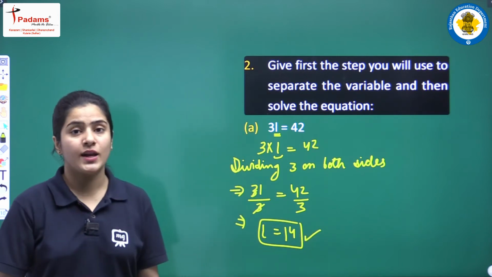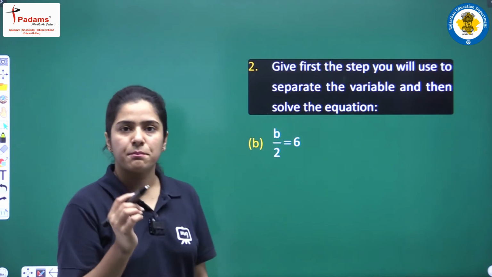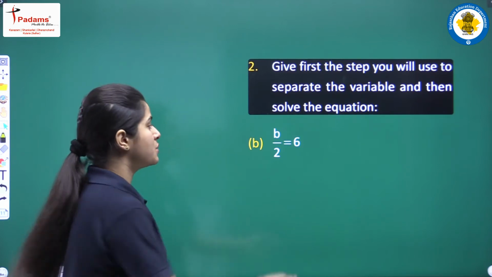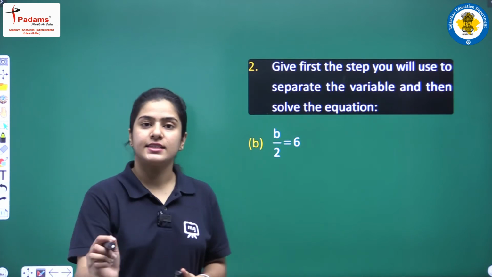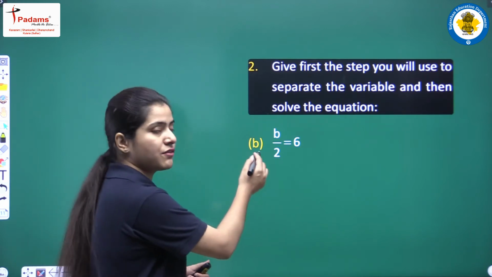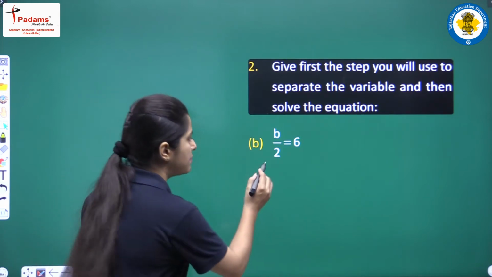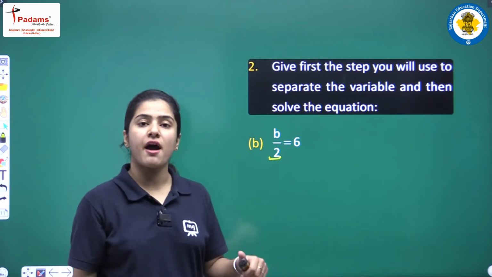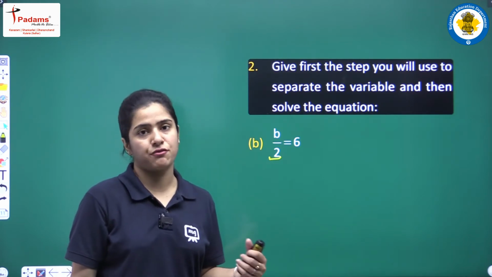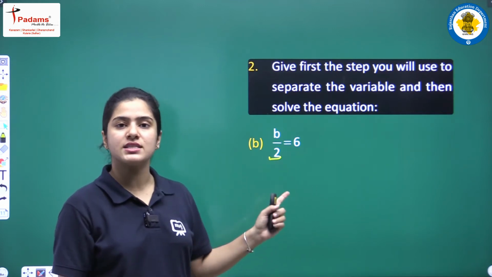Alright students, looking at another question, question B: b upon 2 is equal to 6. Now students, clearly you can see on the left hand side, 2 is in division with b, that is the variable. Now if we have to eliminate this 2 from the left hand side, you have to perform the different and opposite operation with the same number on both sides, right?